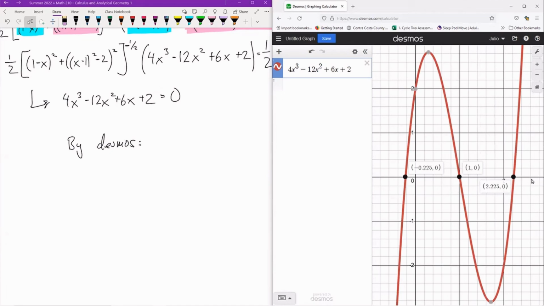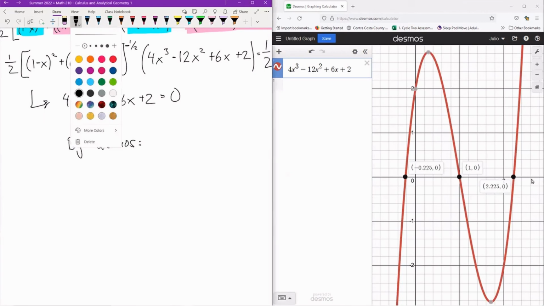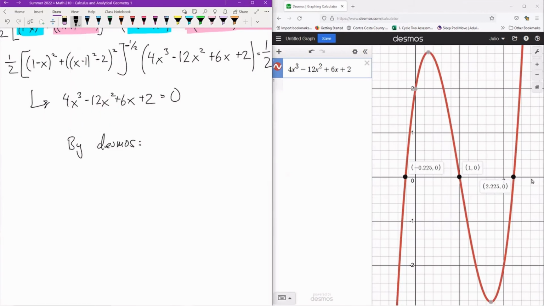So by Desmos, I got x is equal to negative 0.225, x is equal to 1, and x is equal to 2.225.